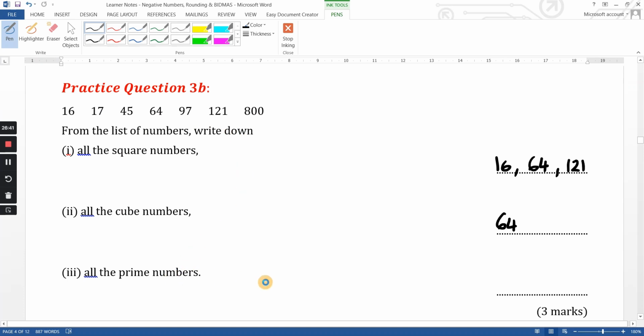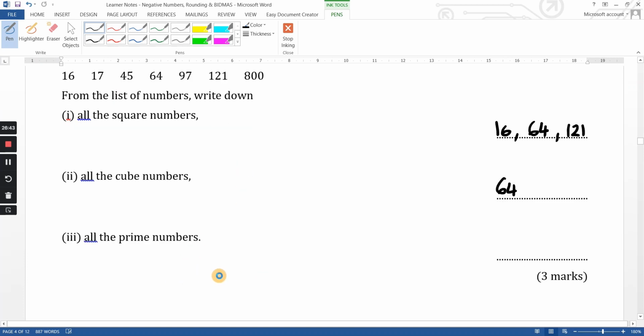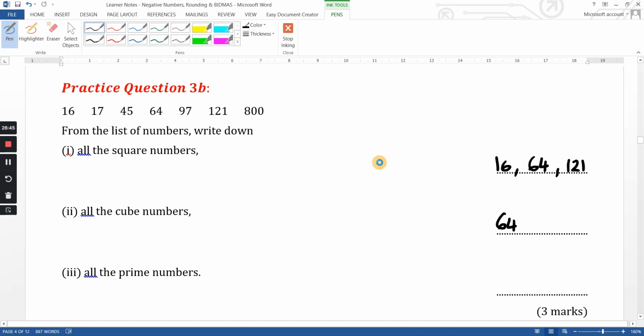All the prime numbers. Ooh, not showing you guys prime numbers yet, but I will do in the next video. So all prime means is it's a number that you can't divide by anything other than itself and 1, obviously. So 17 is a prime. Nothing else goes into that apart from itself and 1.